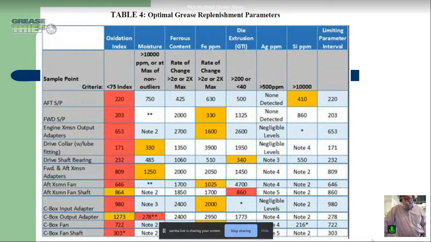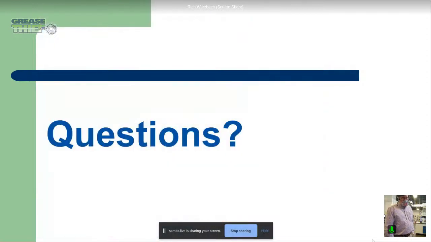There was a transmission fan shaft that had a reduction in the consistency of the grease below a minimum value, and therefore that was the driver in terms of grease replenishment. And we had another location that was very close to, let's say, water in a water landing or other humidity considerations. So moisture was accumulating, and that became the driver in another location. But for the most part, most of the decision was based off of the loss of the antioxidants and knowing how to and when to optimize that.